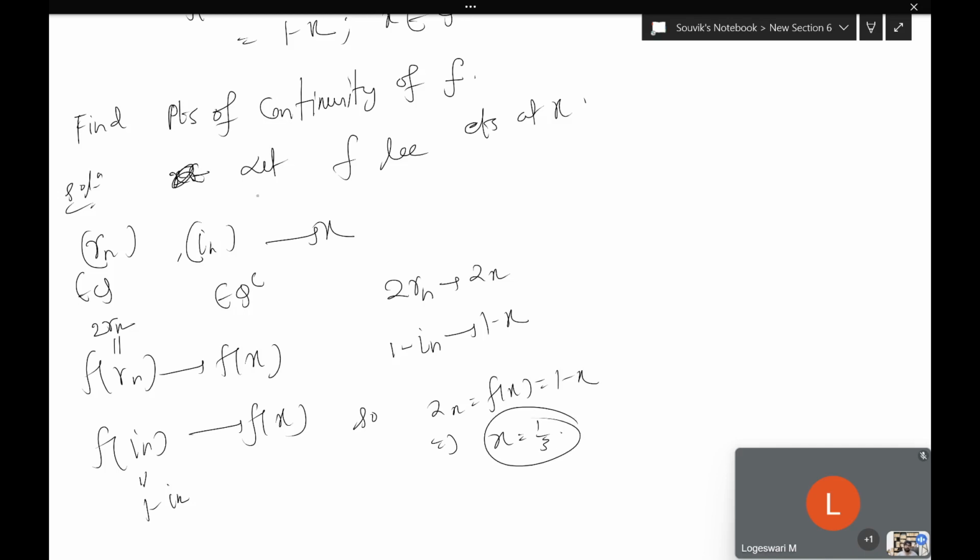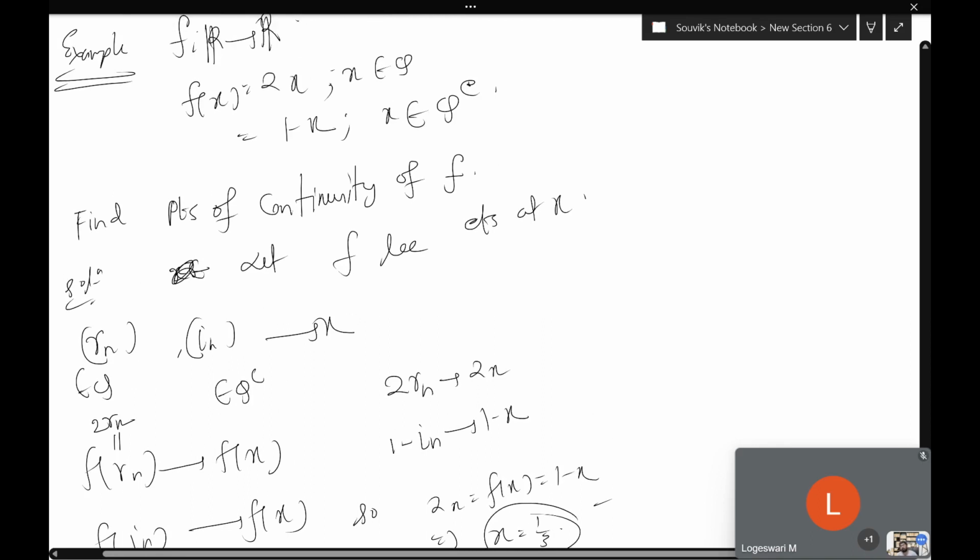In this way you can find the points of continuity of this type of function. So this is one technique.